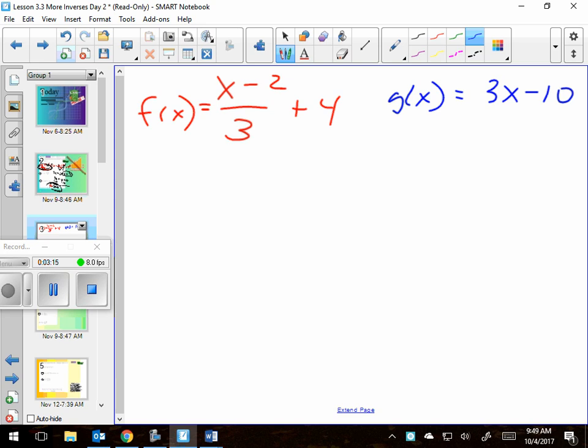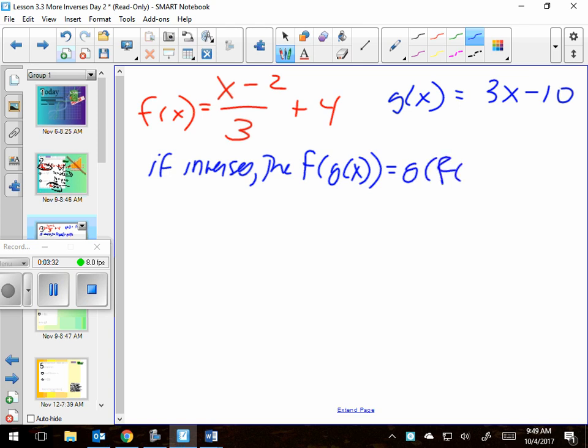Here's how you start your proof. If inverses, then f of g of x equals g of f of x, which should equal x. f of g of x equals g of f of x, which has to equal x.